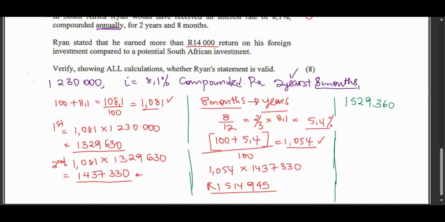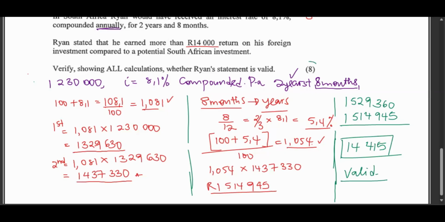In South Africa, he has 1,514,945. We subtract the two. Indeed, he gets 14,415. So this is what we are trying to prove. Remember, it says Ryan said that he earned more than 14,000 return on his foreign money, which is true. So the statement is valid.